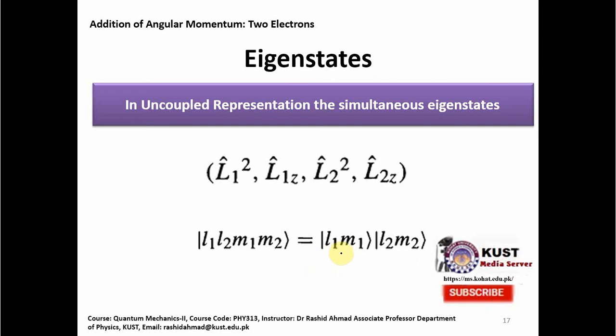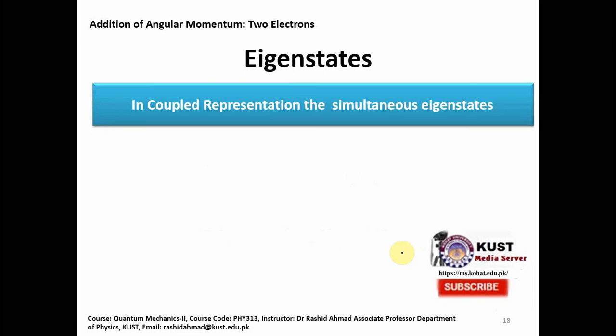Remember that L1 M1 and L2 M2 are our two basic states, and the uncoupled representation state is formed from the product of these two. So we can always form the final representation in terms of good quantum numbers using these two fundamental states. Similarly, it can be done for the coupled representation.